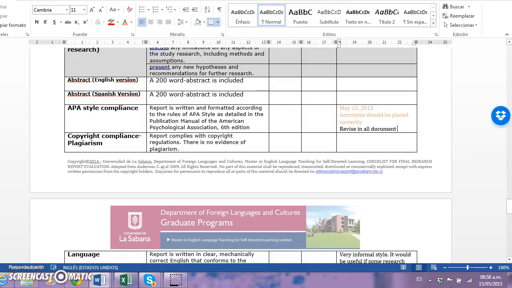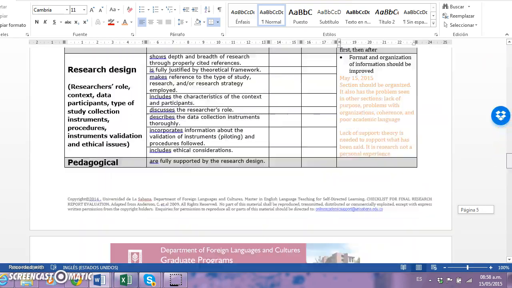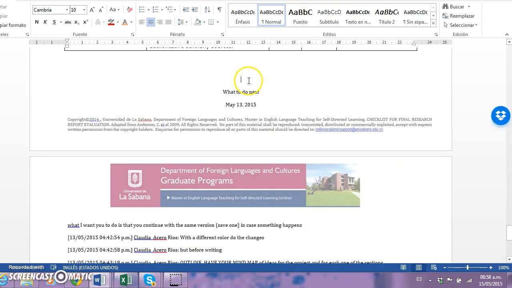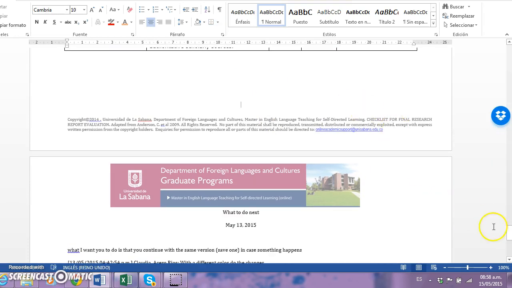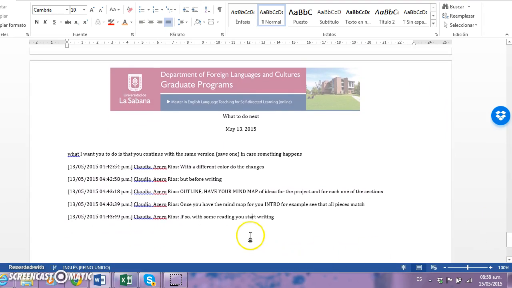My suggestion is that based on this, you take a look at the whole paper. I have included a section that says what is next or what to do next. This is what I told you, for example, last time. And this is what I'm telling you right now. So May 15 to 15. So what is next? Improve.